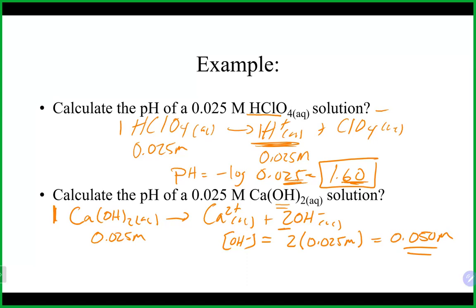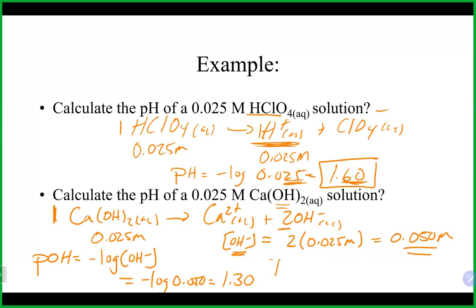Now that we have the correct hydroxide concentration, that's also something we want to remember. It is not the H plus concentration. That's going to allow you to go into the pOH first. By doing that, minus the log of 0.05, looks like 1.30.